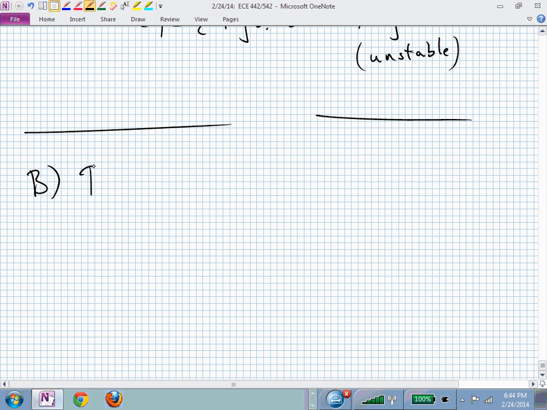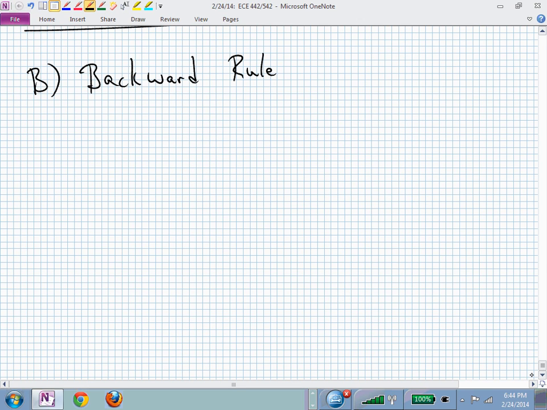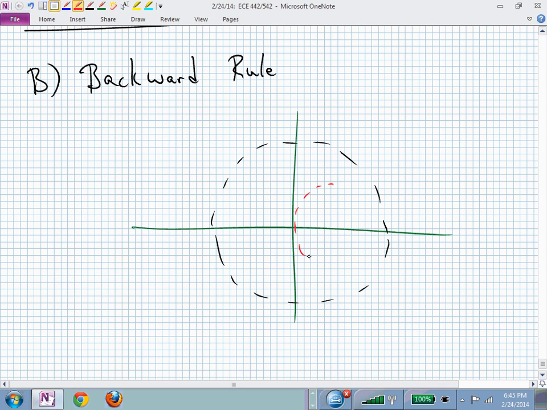So for the backward rule, I'm not going to go through it because I'm running out of time, but you can show that the stable region in the S-plane, which is the entire left half side, actually maps into, I wish I could sketch better, but it maps into this location in the z-plane.